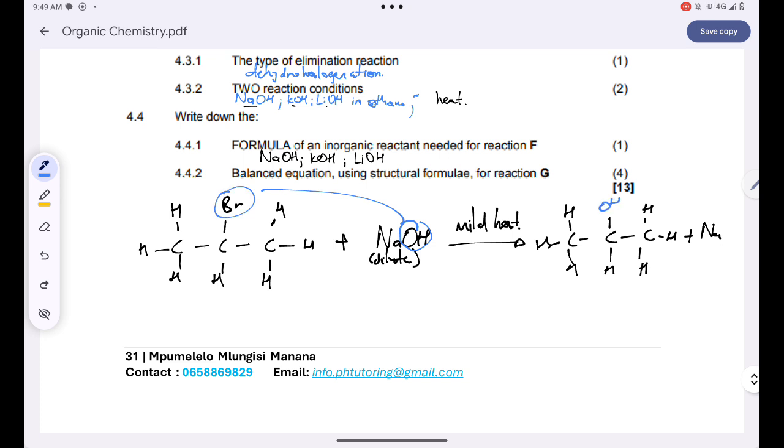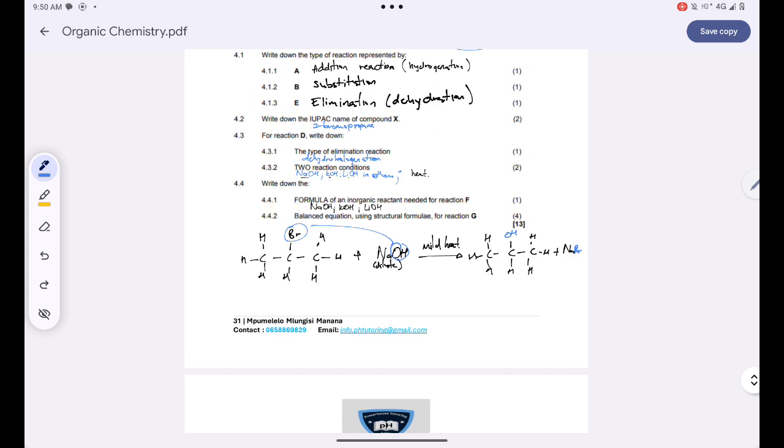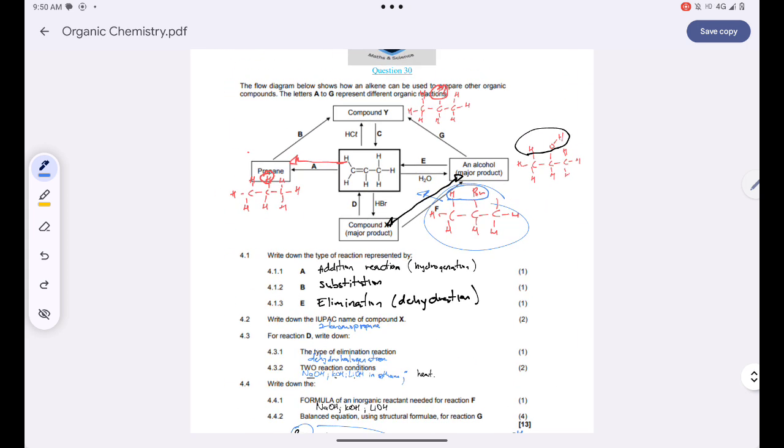I'll simply have an OH over there and the Br over there. Are you together? So the structural formula will be like this. That's how, guys, we're supposed to tackle this question. Please, guys, before you answer, start by analyzing your flow diagram first and then answer the questions. Thank you for your time.